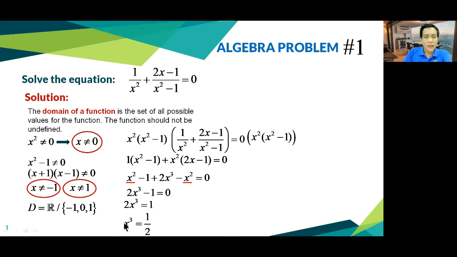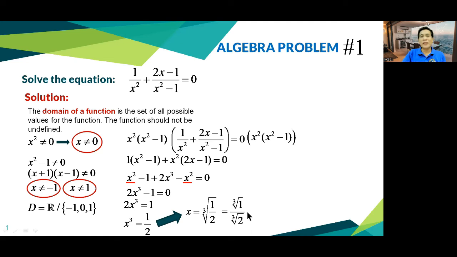To solve for x, we're going to get the cube root of x cubed and the cube root of 1/2. So that's equal to x, the cube root of 1/2. But the cube root of 1/2 is equal to the cube root of 1 over the cube root of 2. Now, x is equal to the cube root of 1 over the cube root of 2.